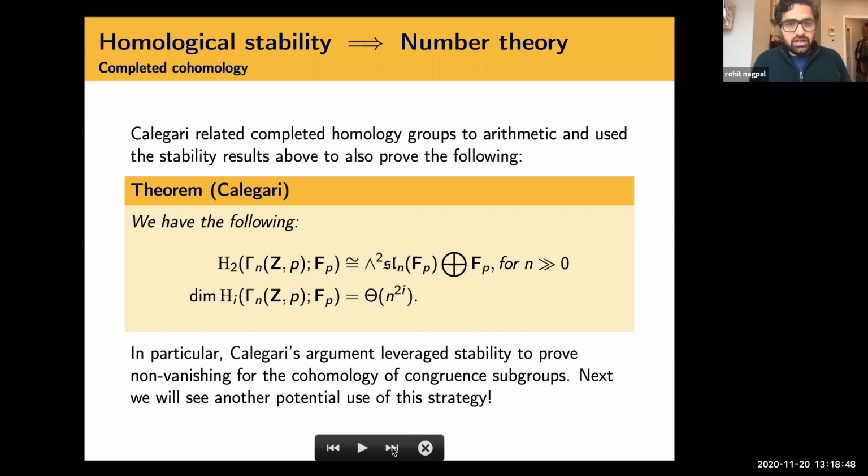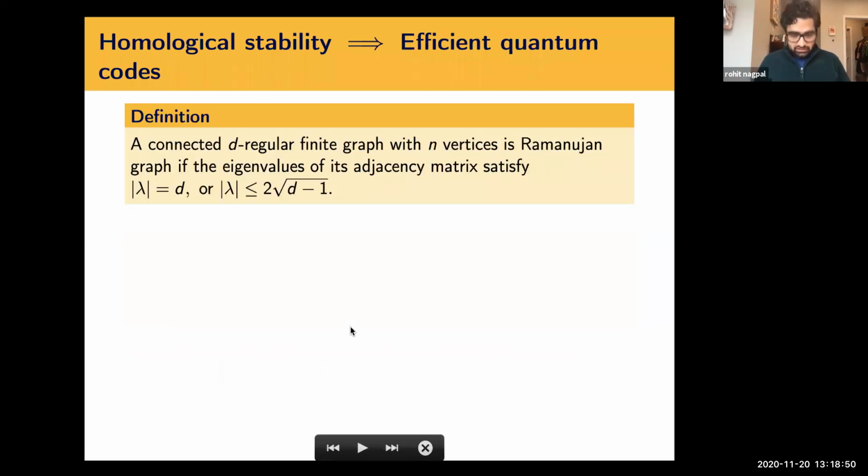Okay, so next I'm going to explain some applications to quantum codes. Here's a definition of a Ramanujan graph. Ramanujan graphs are regular graphs.